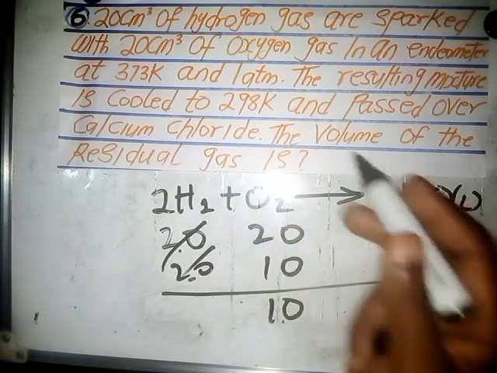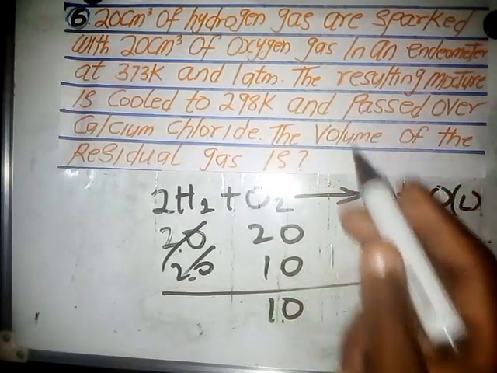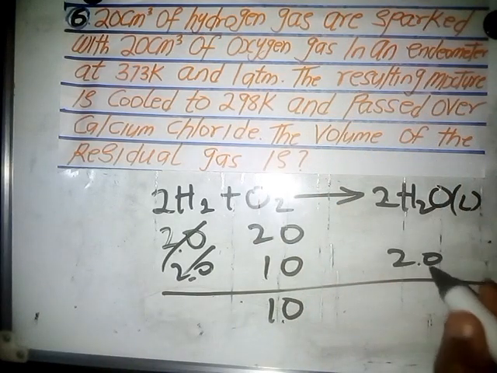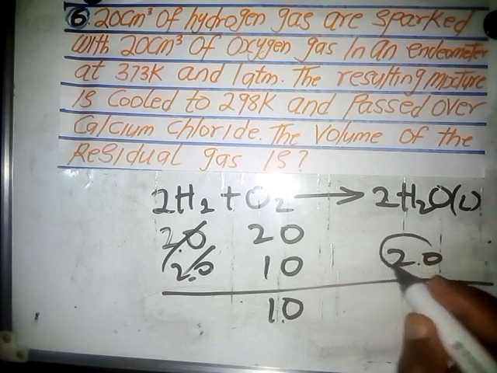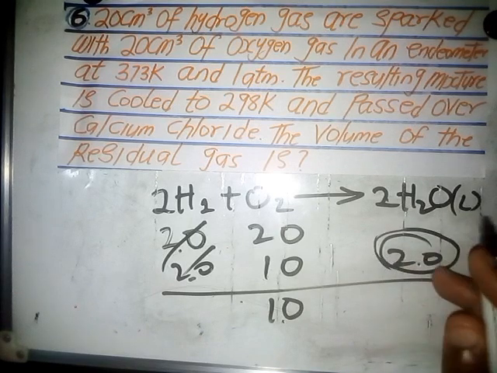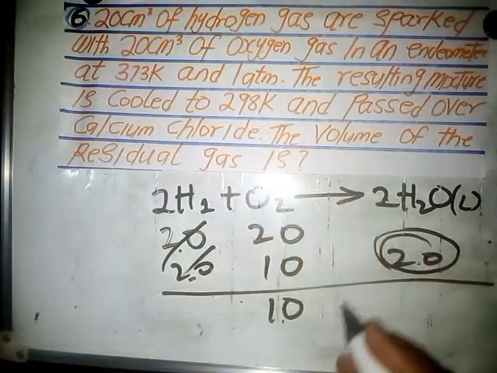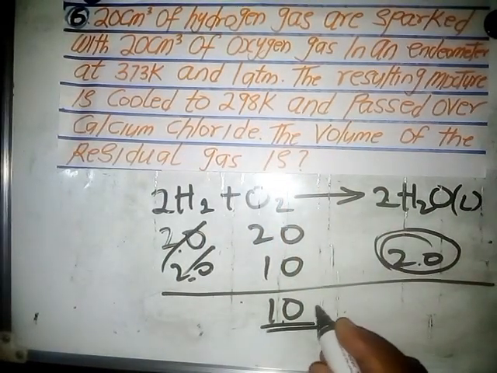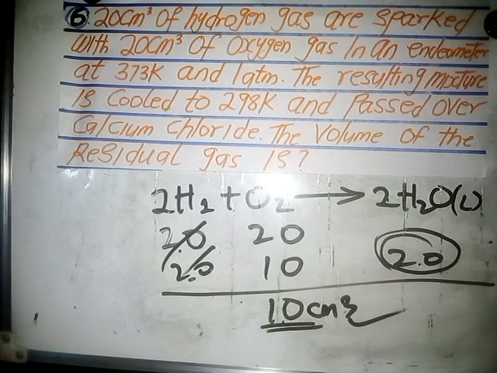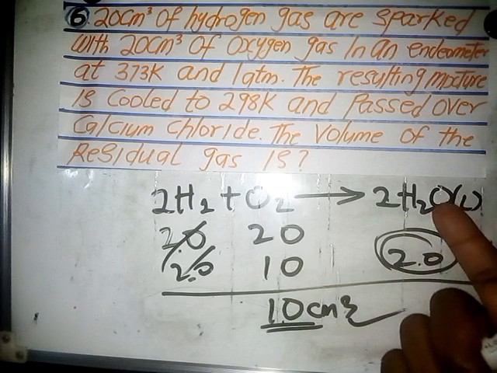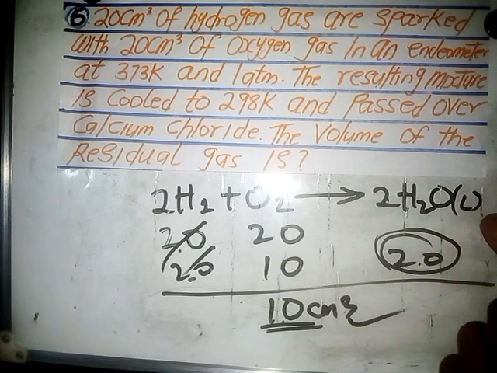But since when you read the question, you find out that this product is a liquid, meaning we are not going to use this one in calculating residual gas. Instead, your answer will only be 10 cm cube. Why? Because the product has turned to a liquid.